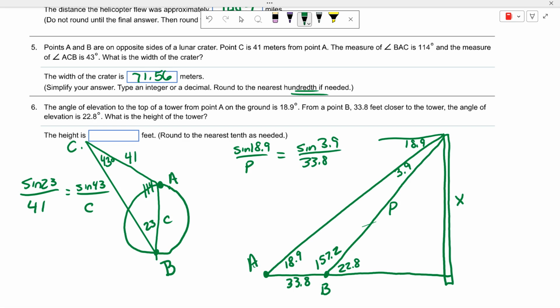So if you cross multiply, take this times this, divide by this, you get P. How big is P?